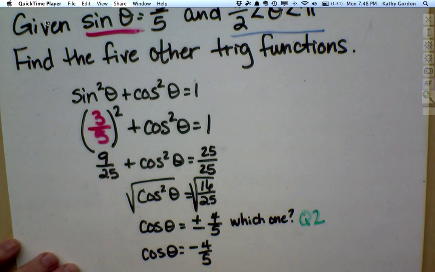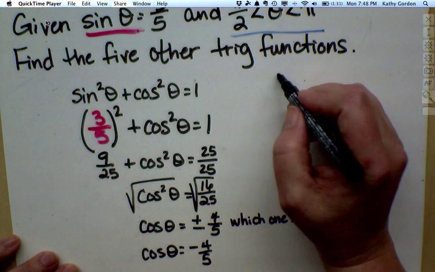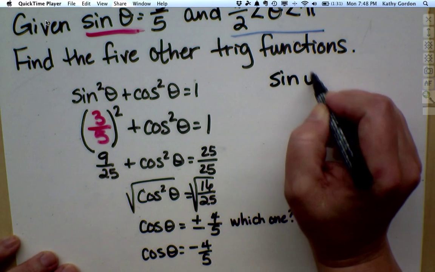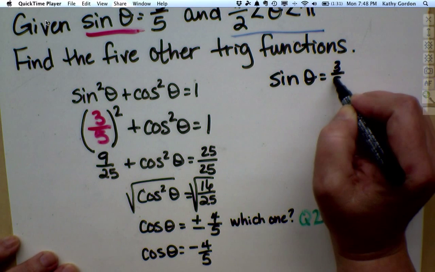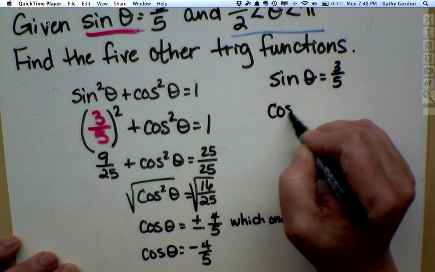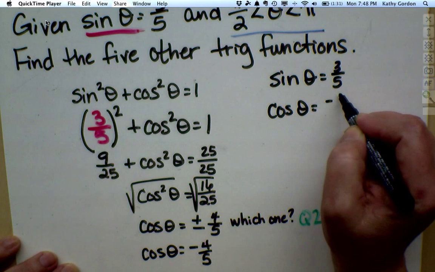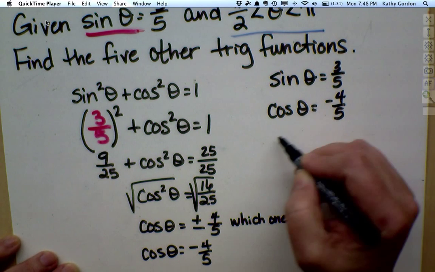Okay, so now we know that the sine of theta is the 3/5 that we were given. We now know the cosine of theta is a negative 4/5. How do we find tangent?